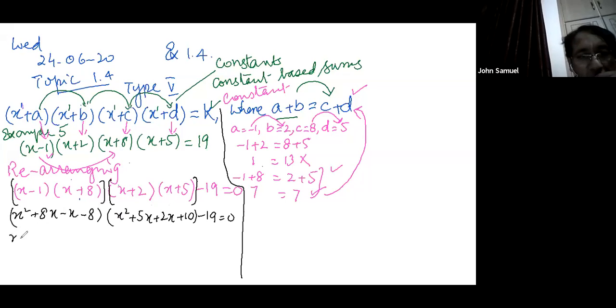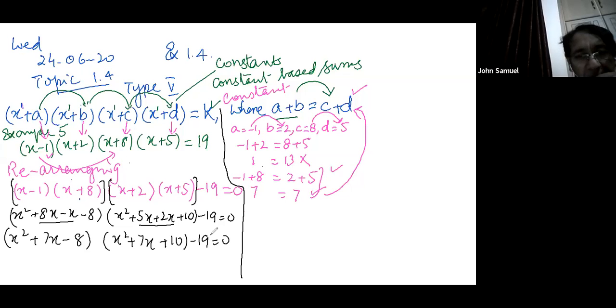We can make it short after adding or subtracting middle terms. Extreme terms are okay, middle terms we need. So 8x minus x will get 7x minus 8, and here x square plus 7x plus 10 minus 19 is equal to 0.